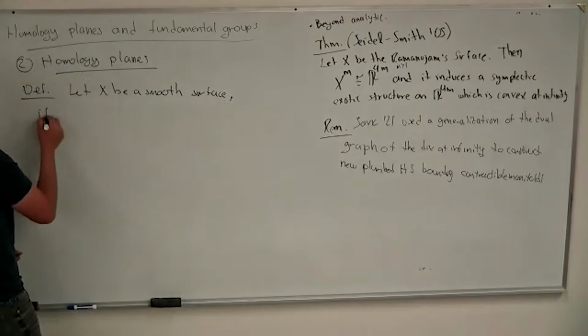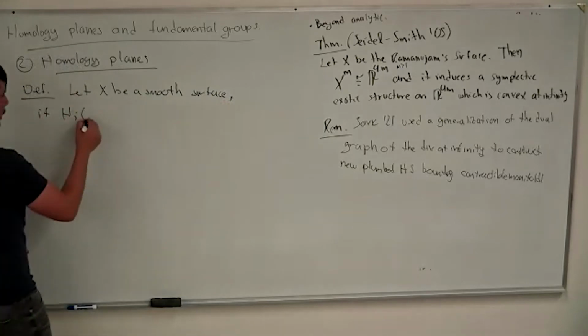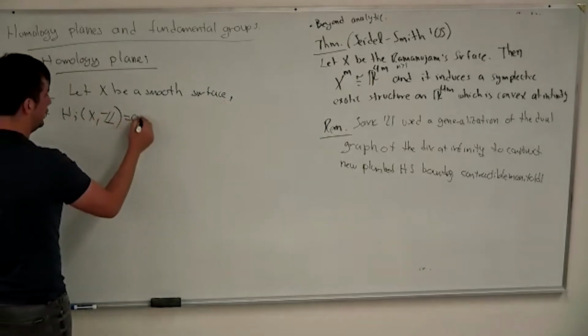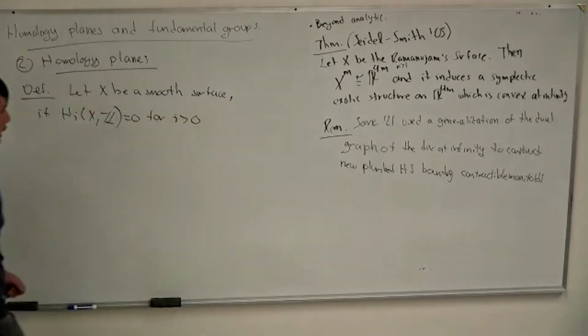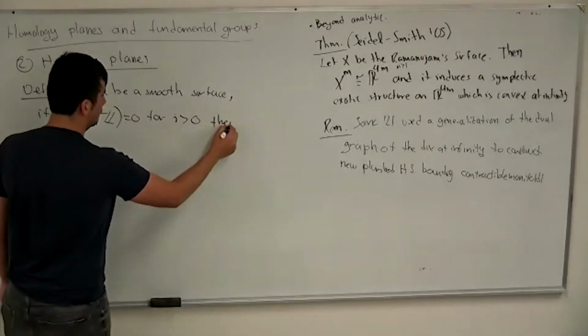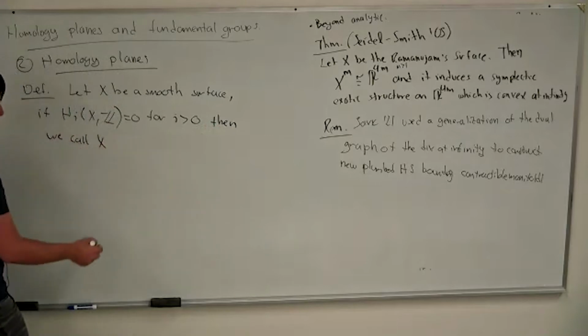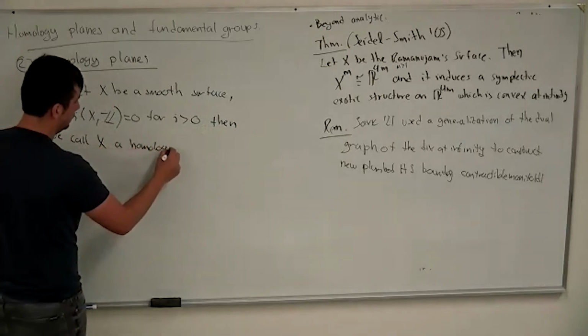Now, if the integer homology H_i vanishes for i bigger than 0, then we call X a homology plane.